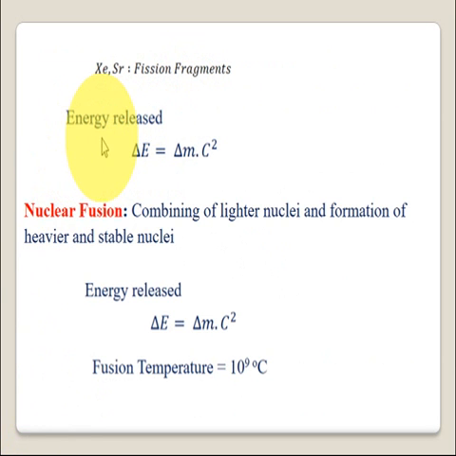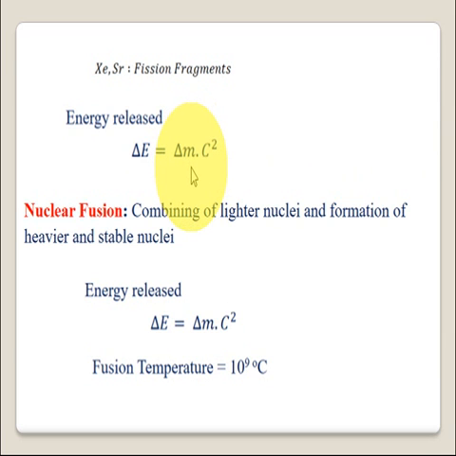The energy released in nuclear fission is given by the equation: energy released equals delta m into c square, where delta m is the mass defect and c square is the speed of light squared.